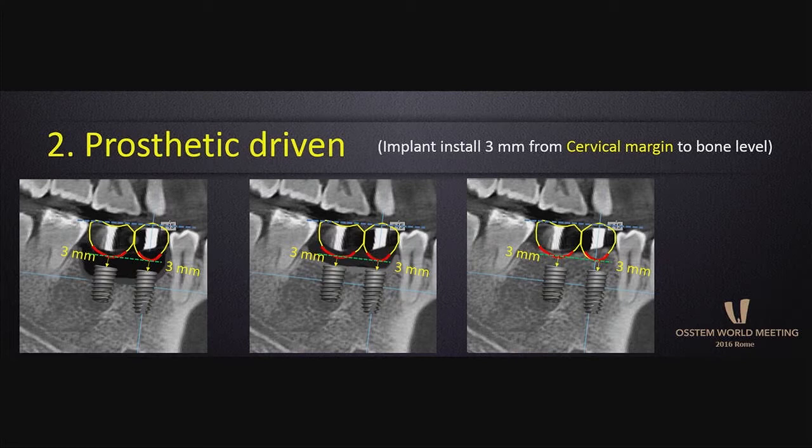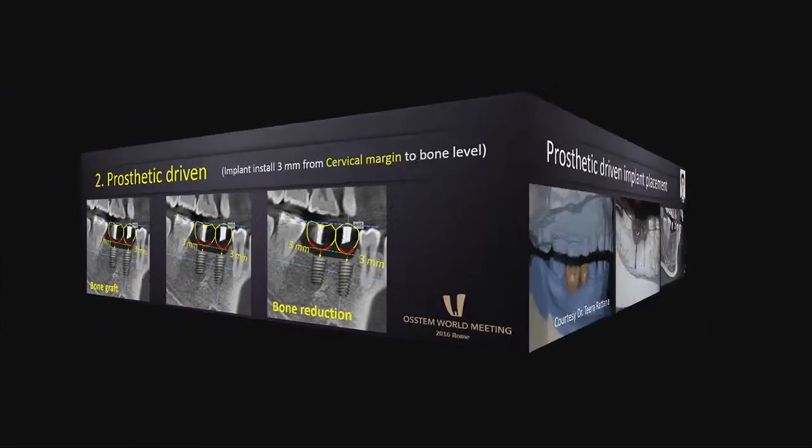In the picture on the right, the bone is not enough for the implant, then bone augmentation should be applied. And if there is too much bone, then there could be some bone reduction to have a good biologic width.